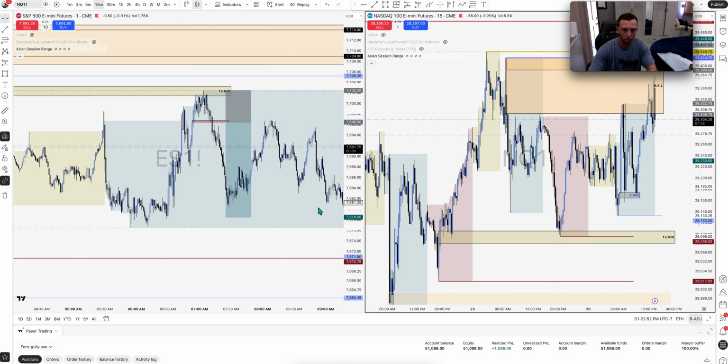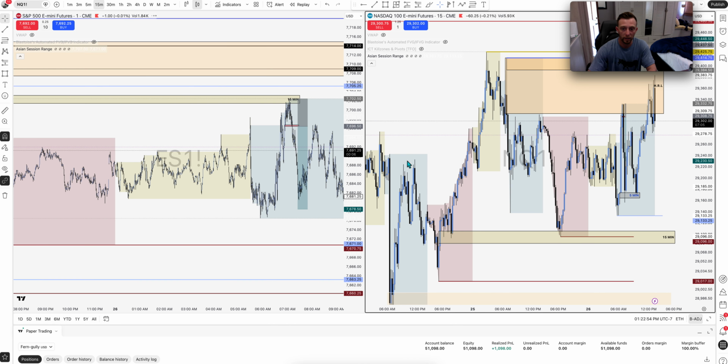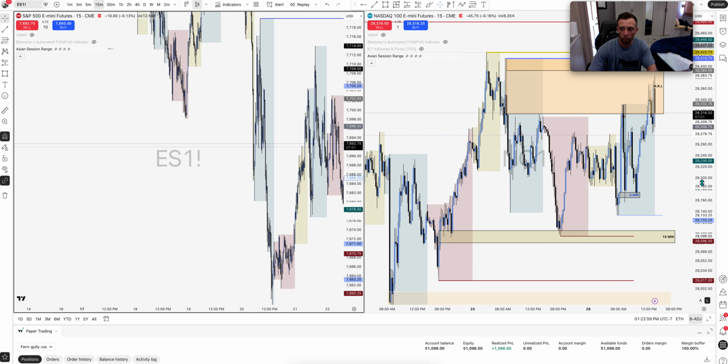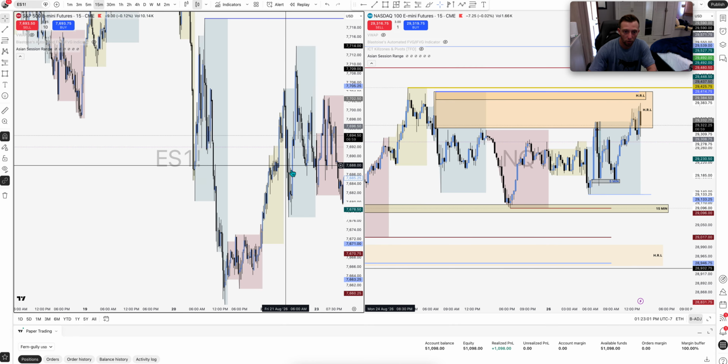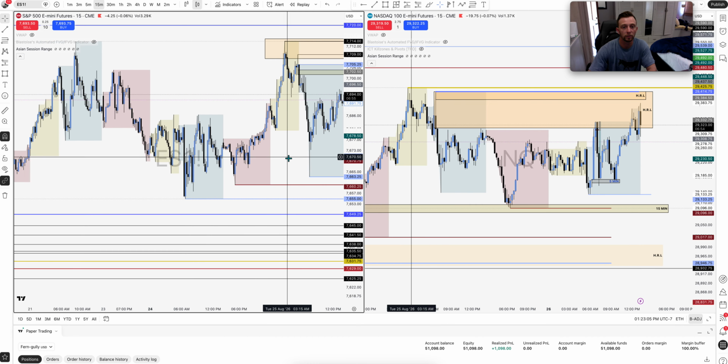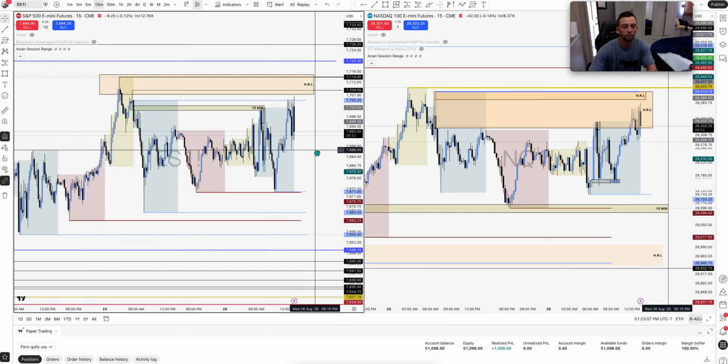So market open today on ES and NQ on the 15-minute. We're a little bit hard to read at first, but now looking back at it, it's pretty right in your face.